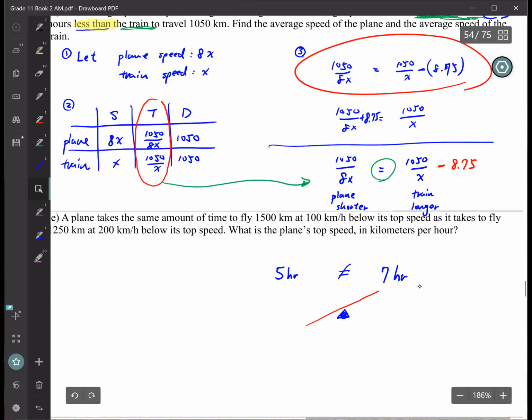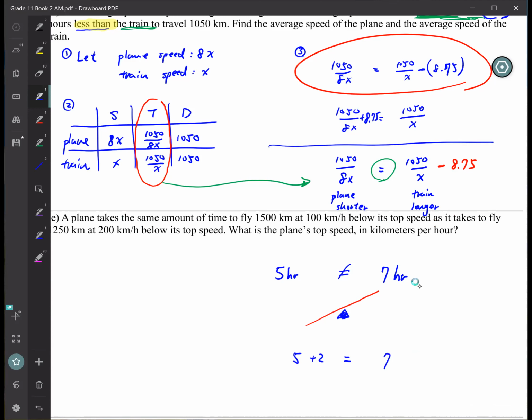Then your 7 and 5, you have two options. You can minus a 2, then they are equal. Or you can plus a 2, that also makes them equal. It's the same idea.